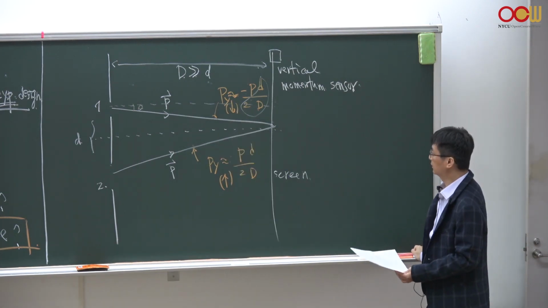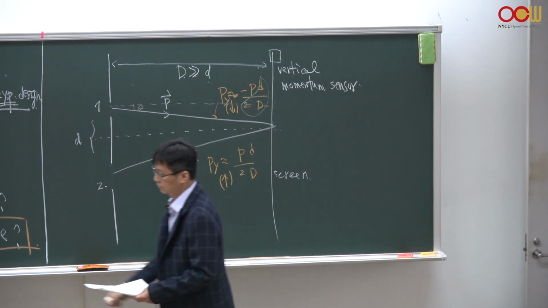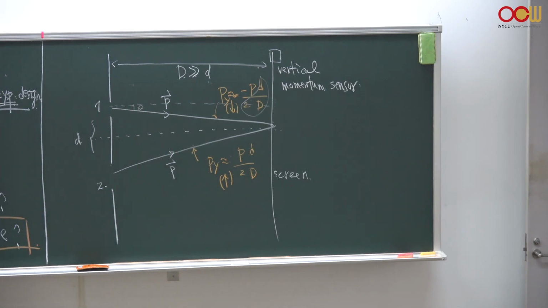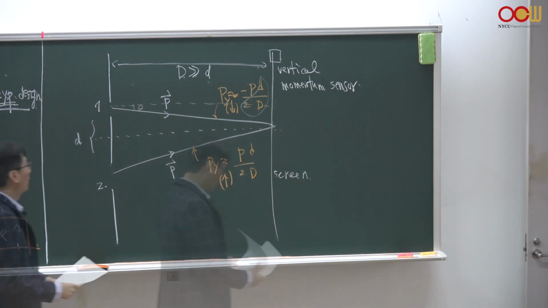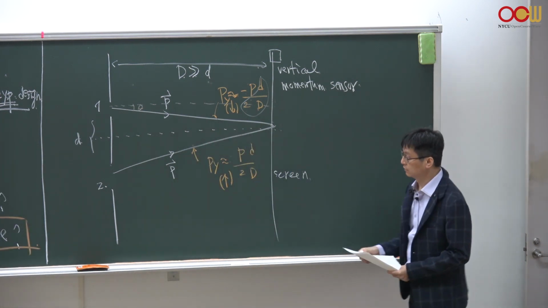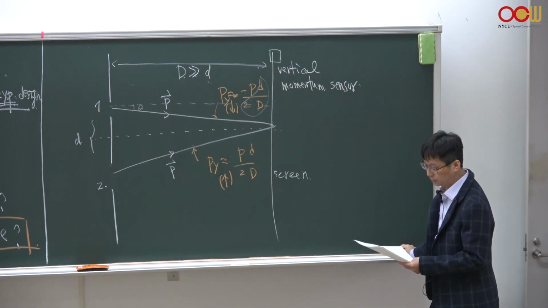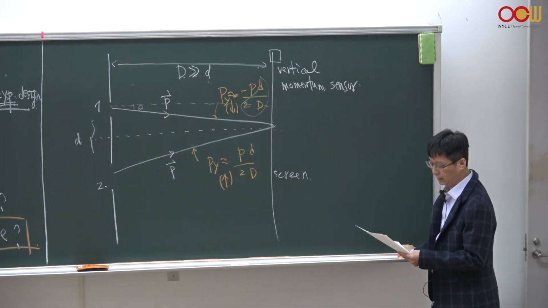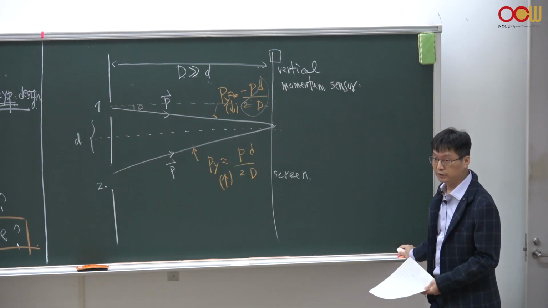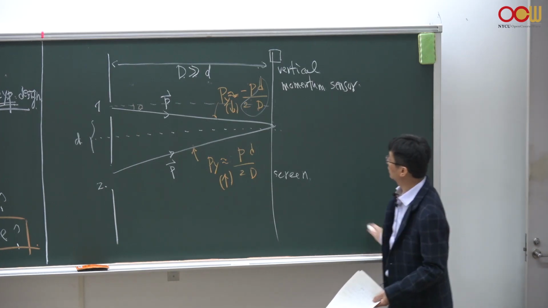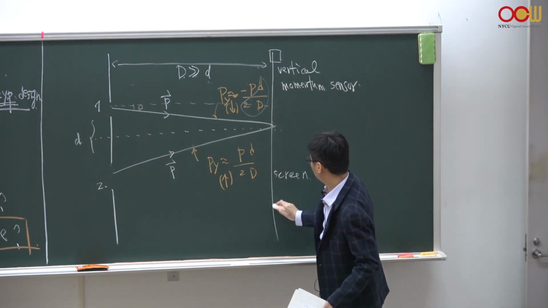Right? Okay. So let's examine this: if this happens, what is the consequence of such a detector, and what is the uncertainty in finding the momentum of these particles coming from slit 1 or 2, and your uncertainty in really knowing where the particle is along the y direction.